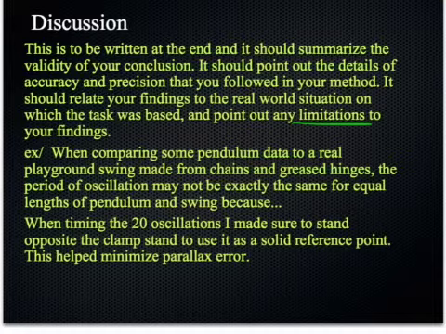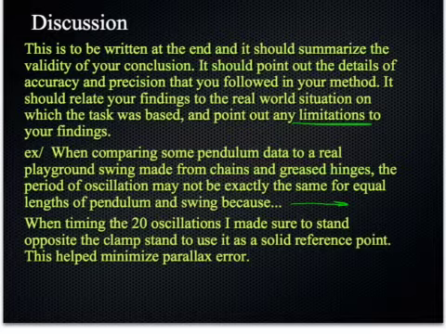For example, when comparing some pendulum data to a real playground swing made from chains and greased hinges, the period of oscillation may not be exactly the same for equal length of pendulum and swing, because, and you'd have to write some justification as to why that might be the case.